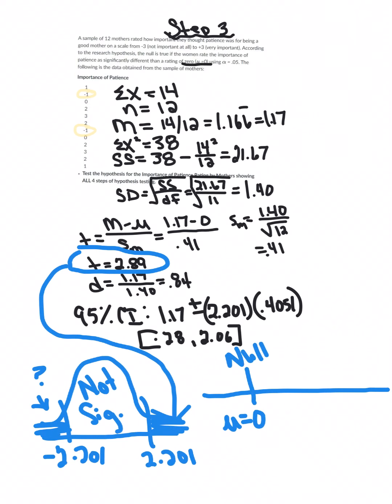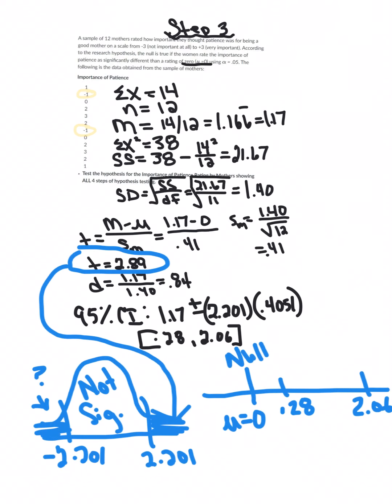Well, 0.28 is a positive number, and it's over here, right? That's the lower range. The upper range is 2.06, which is way over here. So 0 doesn't fall in between. The null was not within that range of numbers, so this does show significance because 0 fell outside of the range.